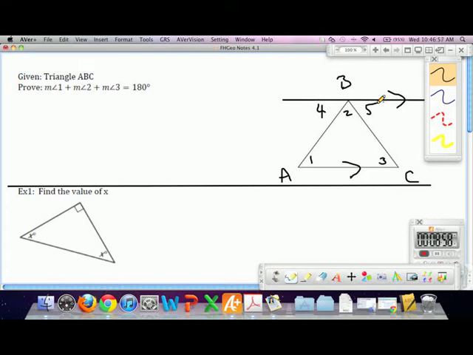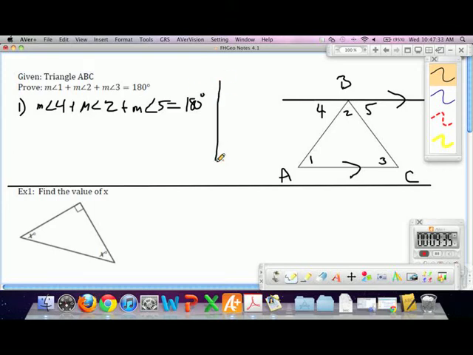Given this knowledge with the parallel postulate, from this diagram we can conclude one thing. What happens if I add the measure of angle 4 plus the measure of angle 2 plus the measure of angle 5? What do those angle measures have to add up to, Dimitri? 180. Why? Because it's a straight line, and the sum of a straight line is 180.